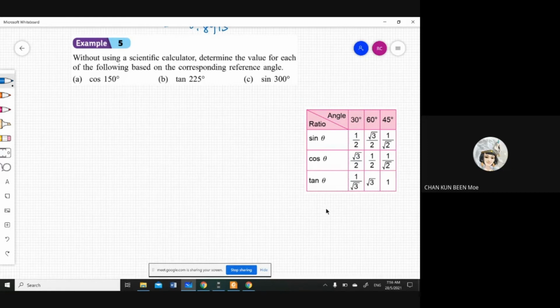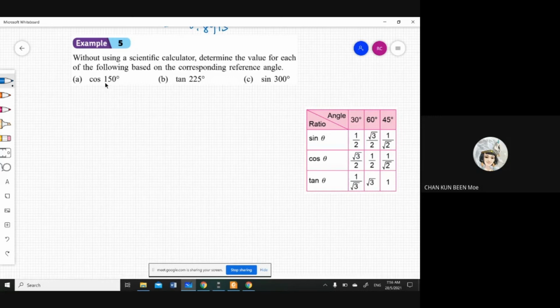Okay, in example 5, without using a scientific calculator, determine the value for each of the following based on the corresponding reference angle. So you can see the angle that they gave you over here. For sure, it will form the corresponding reference angle that you can get, 30 degree, 60 degree, and 45 degree. So look at the first one here.